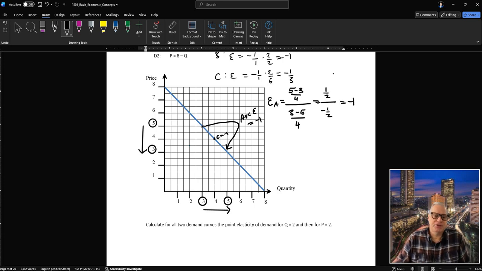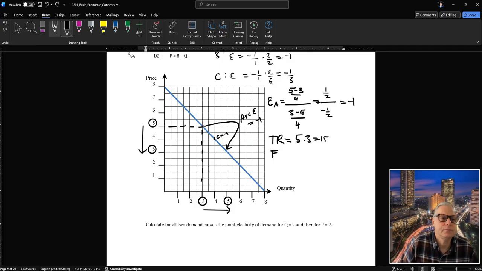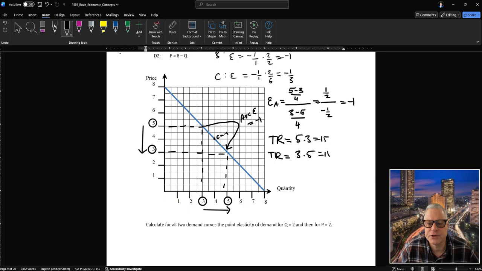Okay, but the question is, how does that affect the total revenue? At the old price of 5, total revenue was 5 times 3, which is 15. The new total revenue at the price of 3, we have the quantity of 5, so we get 3 times 5, which is also 15.